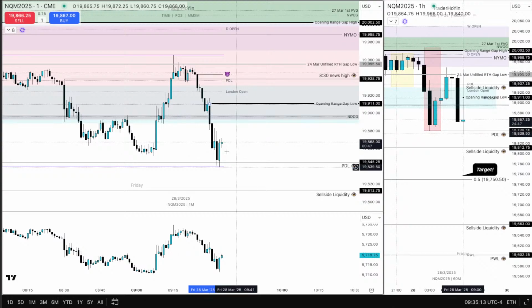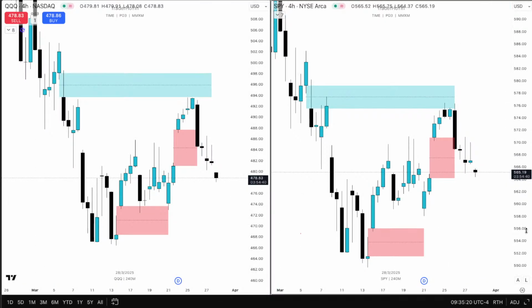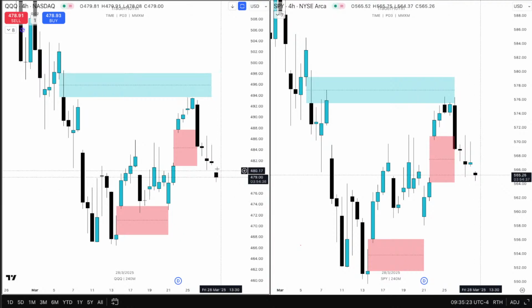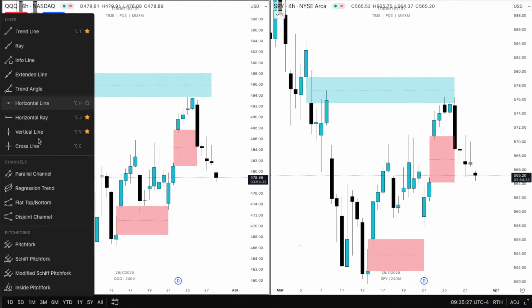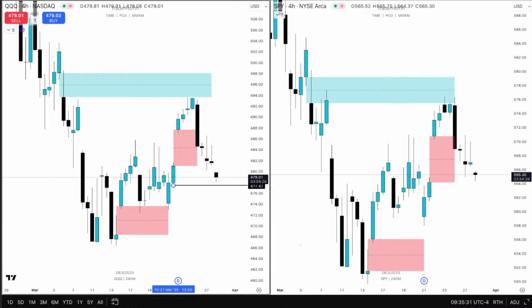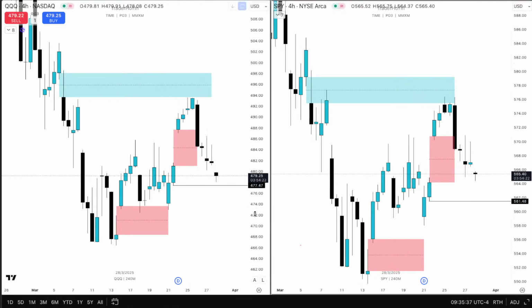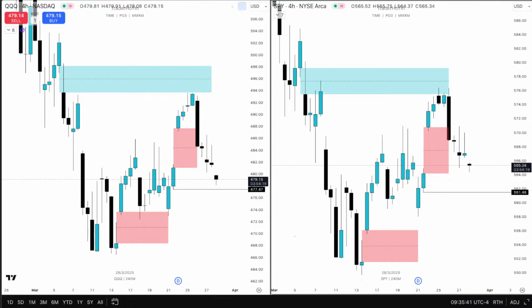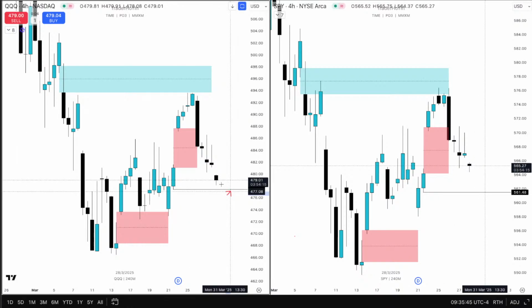So market opened, gap low. NQ can sweep this sell side, and then ES failed to sweep this sell side and form sort of a bullish SMT, and then maybe perhaps go back up, fill some of the gap.